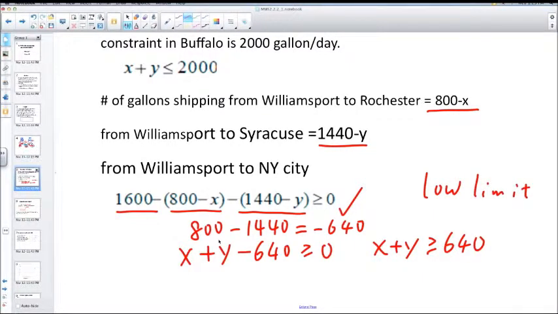So unless you deliver this much, x plus y bigger than 640 from Buffalo, the Rochester won't have enough to supply the total number 1360 to New York. So that is a lower boundary you have.